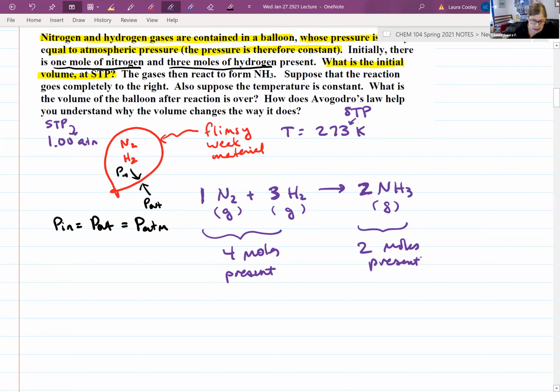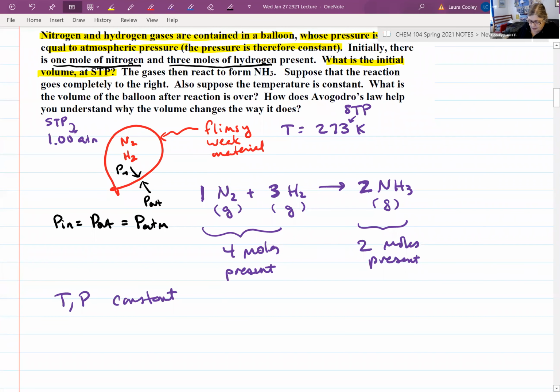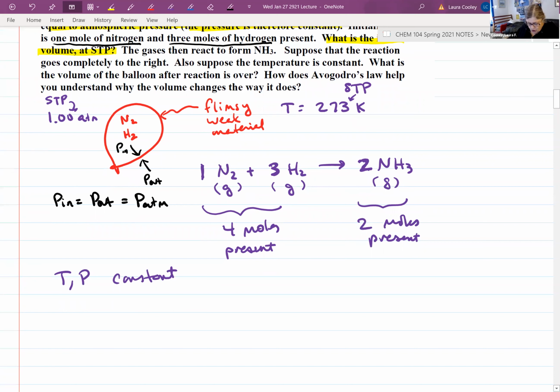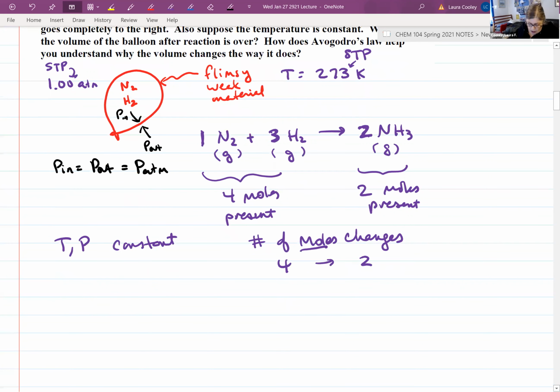So what has happened is, the temperature and pressure have stayed the same. They are exactly the same as they were before. So what's changing is the number of moles. And it goes from 4 to 2. So if we're going to figure out the volume, well, we know from Avogadro's law that the volume is proportional to the moles.